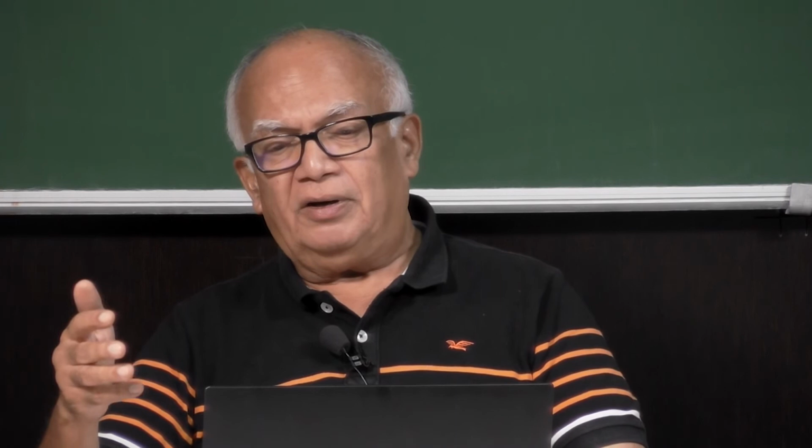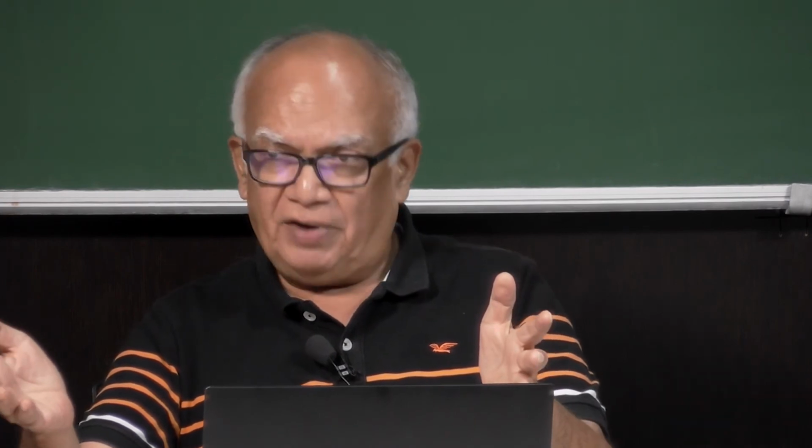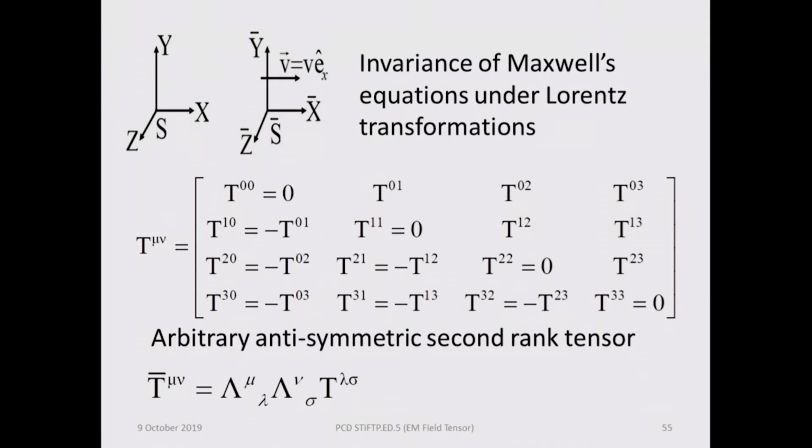So, the electric field and the magnetic field are components of the larger system of rank 2, rather than separate components of separate vectors, which are tensors of rank 1. You do not see the electric field anymore as 3 components of a tensor of rank 1, but as 3 elements in the tensor of rank 2.